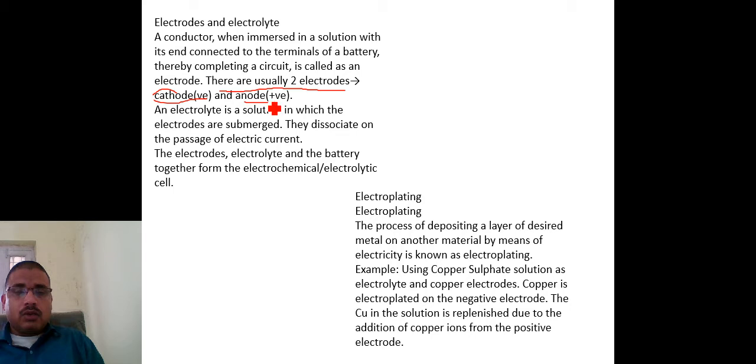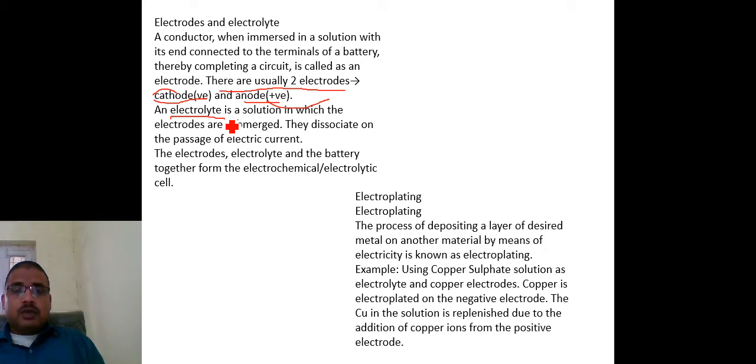And the solution which is used, which basically helps to pass the electricity, is called an electrolyte. Whenever we determine the chemical effect of electricity, there will be a solution, and that solution which helps to pass the current is basically called an electrolyte.